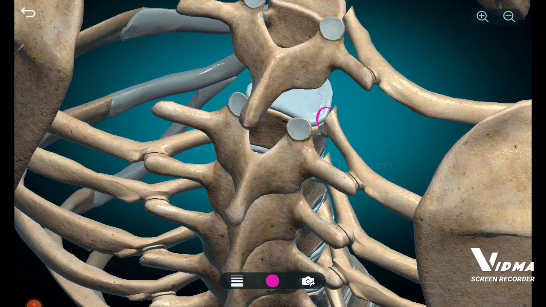Here one articulation surface, here one articulation surface. So that is why human ribs are called bicephalic ribs, right?